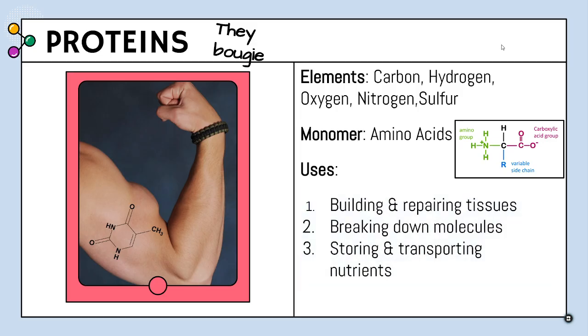When we think of protein, the majority of people will probably go to, oh, I want to use protein to be stronger. If I exercise a lot, it helps with my muscles, but it does way more things than just muscle creation in the body. It helps to break down molecules. It helps in storing and transporting different nutrients.